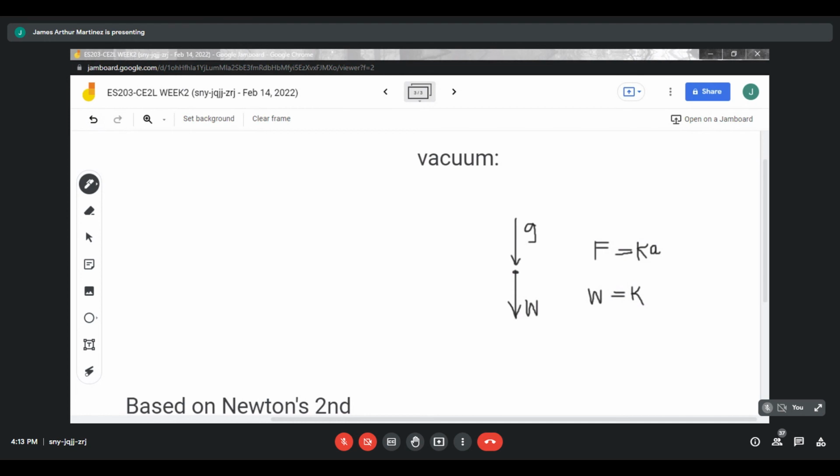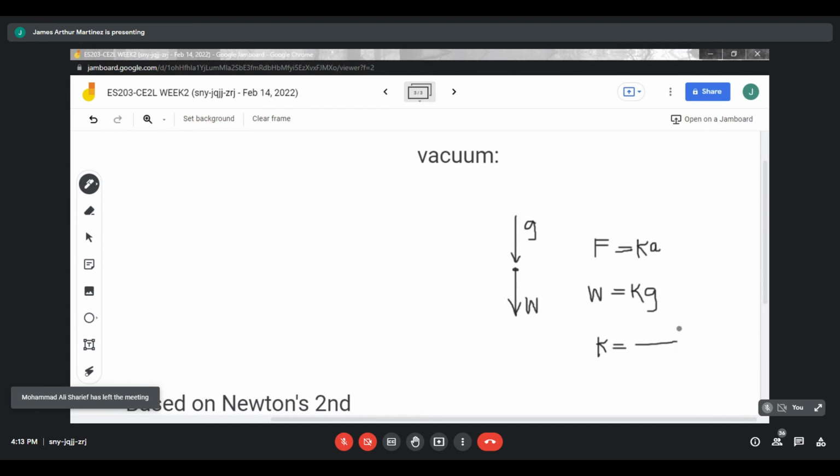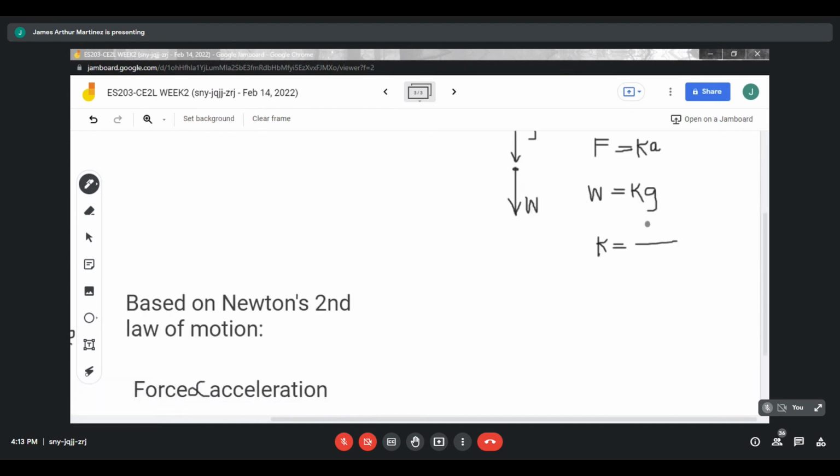So the acceleration of the body is acceleration due to gravity, so I can write this one as K g. We can now define the proportionality constant K, which is just equal to W over g.